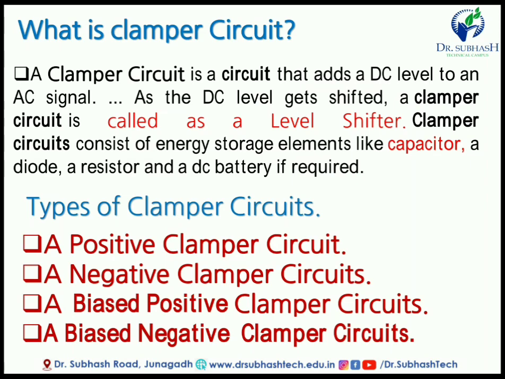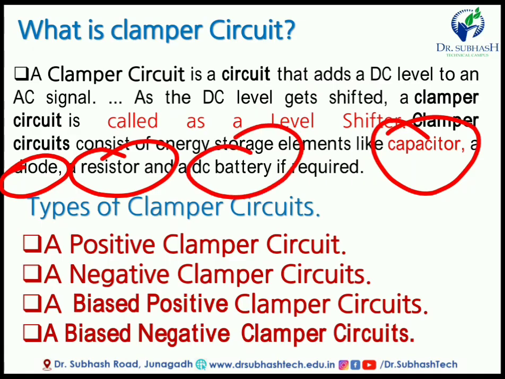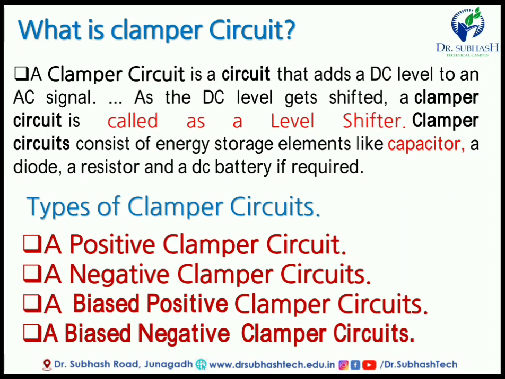Now the basic element of this clamper circuit is the capacitor, an energy storage device. A diode and a resistor are also required, and also a DC battery if needed, because according to this DC battery level we can shift. The resistor is used for current limiting, the diode for switching, and the capacitor for energy storage.